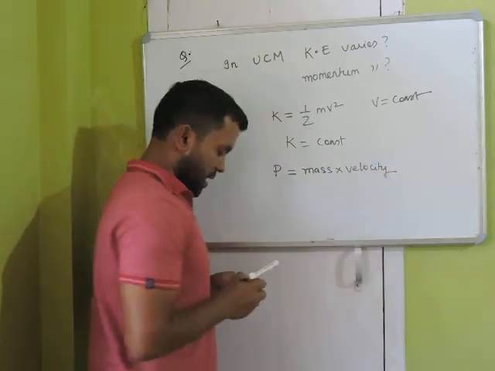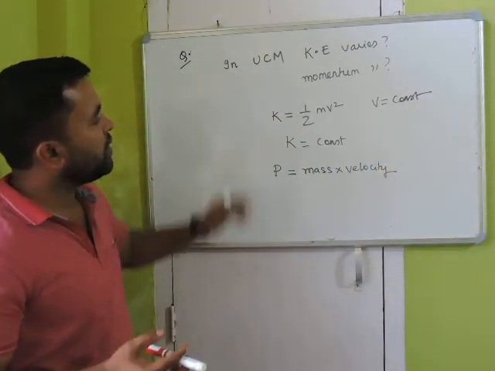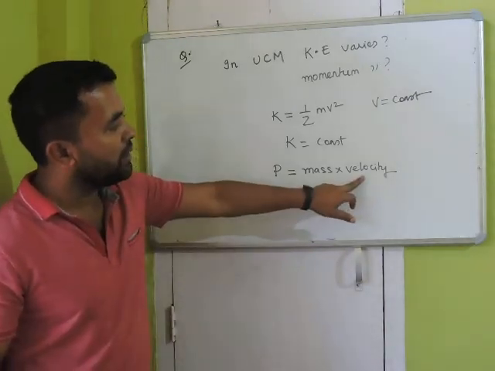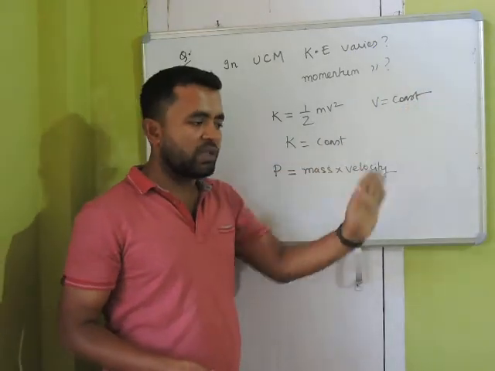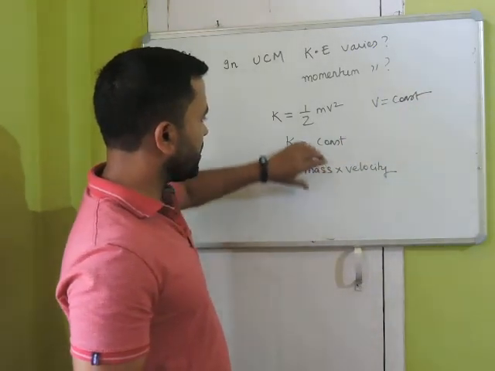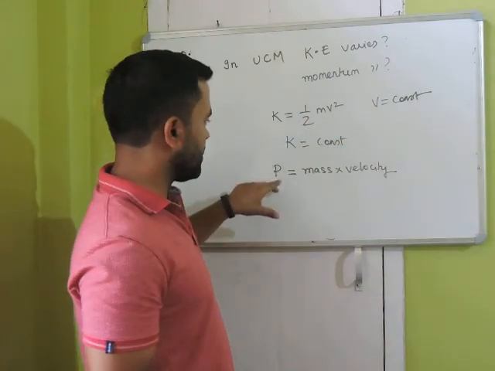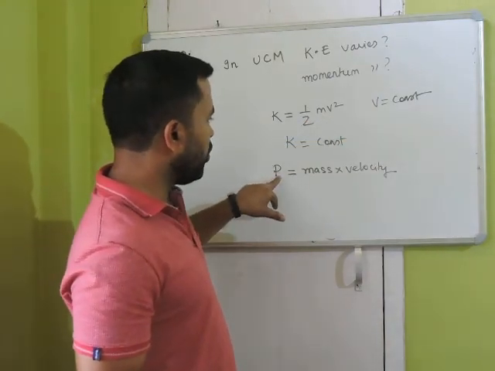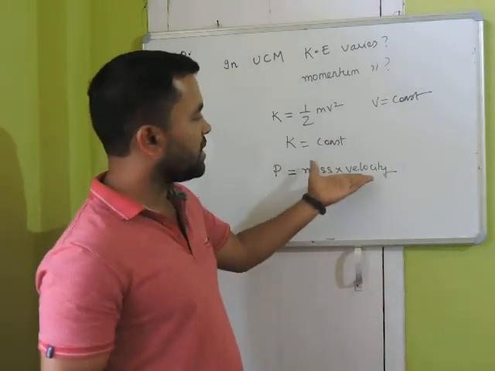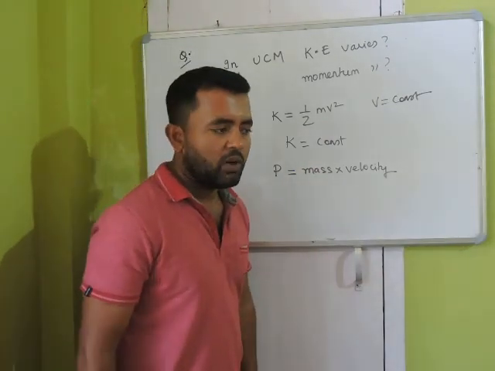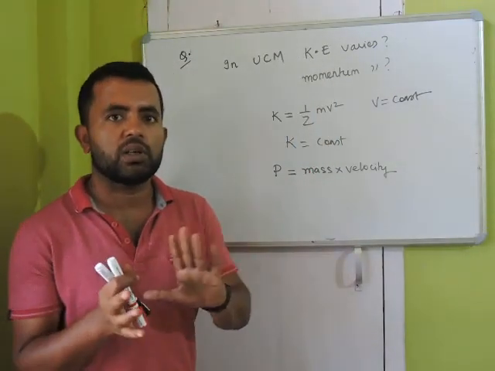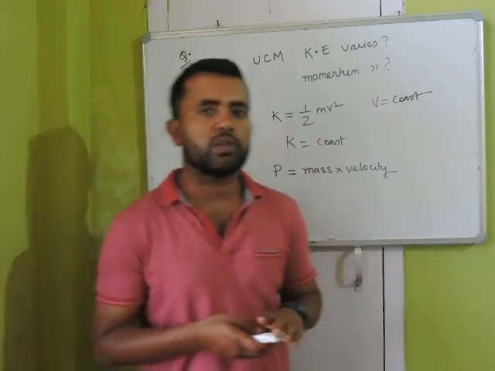In uniform circular motion, the velocity direction changes continuously with time, it is tangential. So momentum is a vector quantity and will vary with time. Momentum direction is nothing but the velocity direction. Now I guess if you can understand this question, you can do the questions of uniform circular motion.